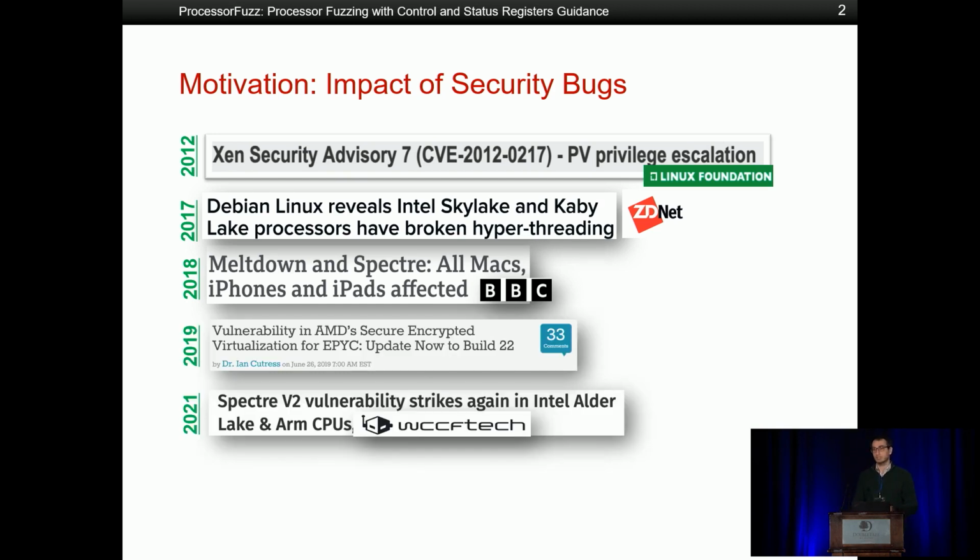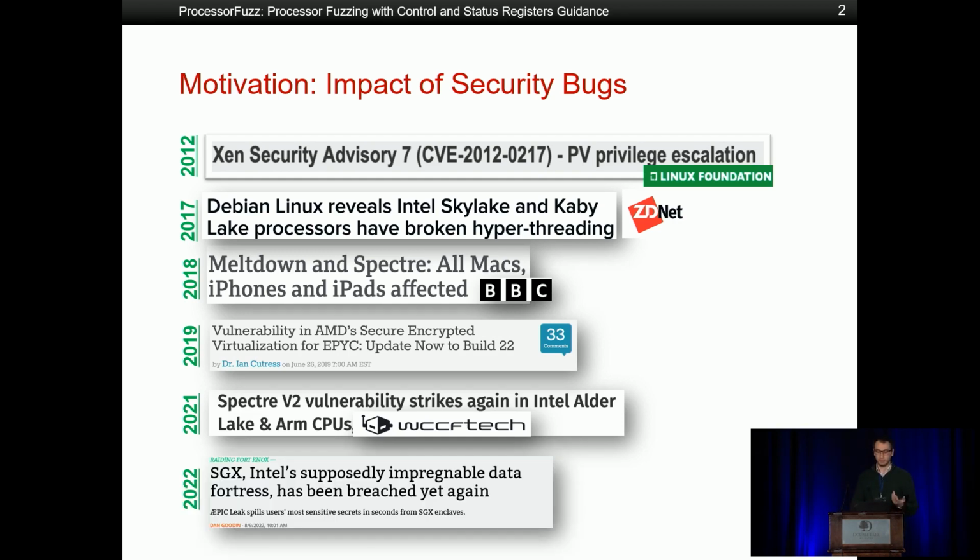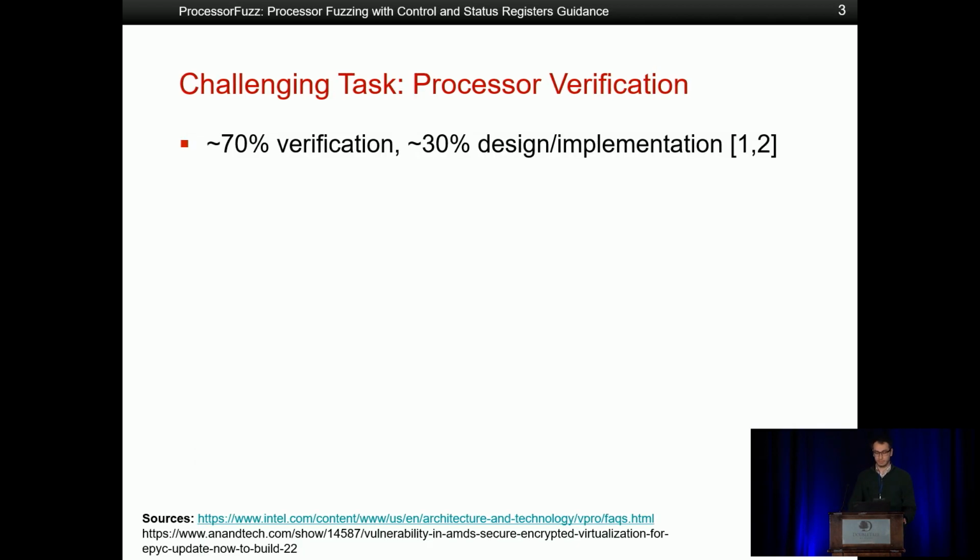Even security features like AMD SEV or Intel SGX, which need to protect our data, were exploited, and much information could be easily stolen from the servers.